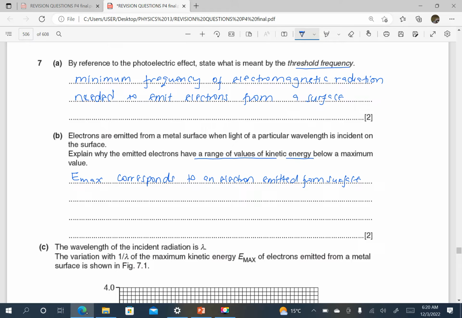An electron below the surface requires energy to bring it to the surface.